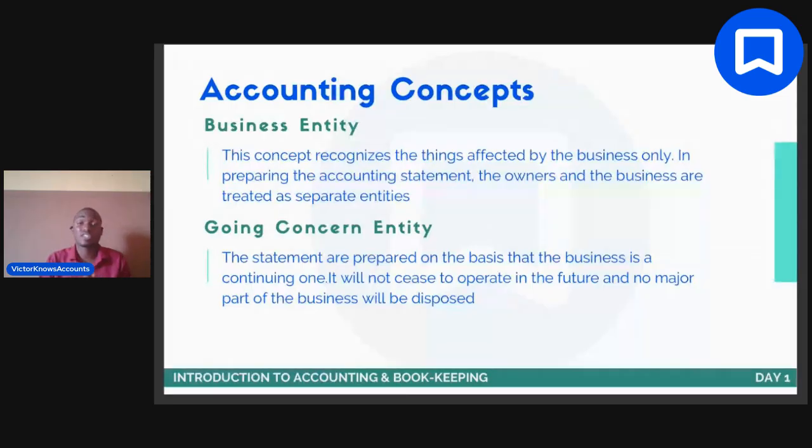So the business entity concept recognizes that things affect the business only. In other words, the owners of a business are separate from the business, which means the owners and the business are treated as separate entities. All right, is that fine? Now, what are we trying to say?